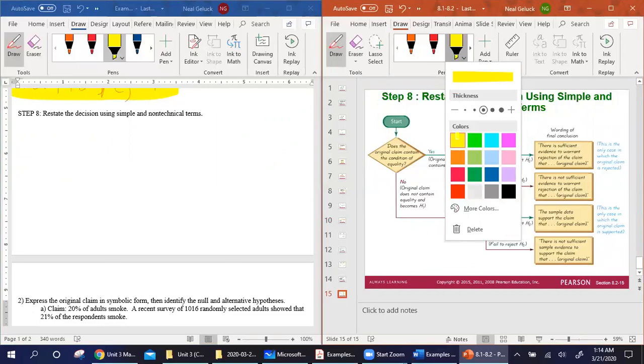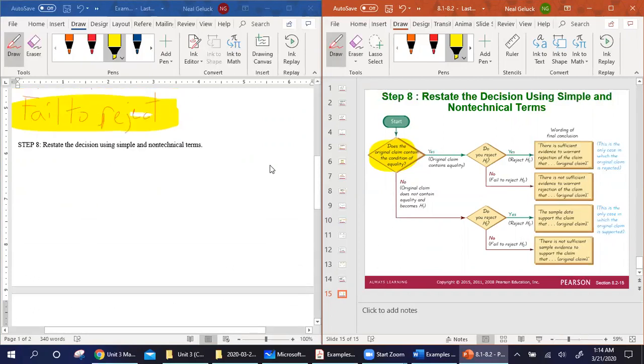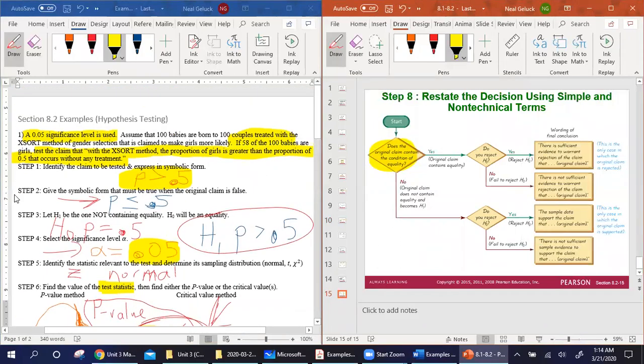For this problem, did the original claim contain the condition of equality? The original claim was p is bigger than 0.5. There's no equal to in that. So no, it did not. Do I reject the null? No, I did not. I failed to reject.